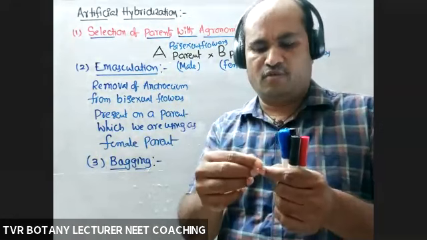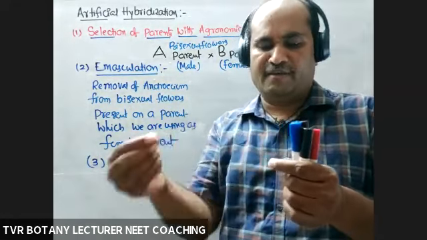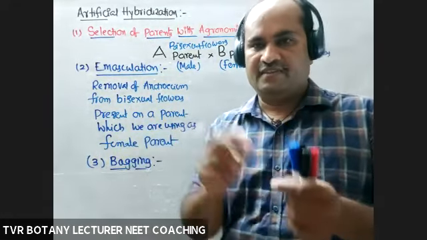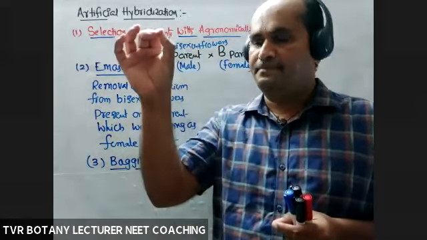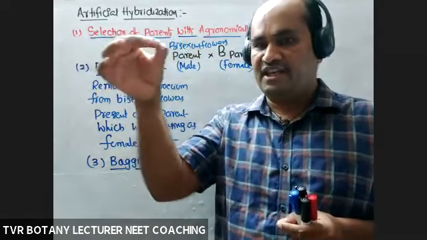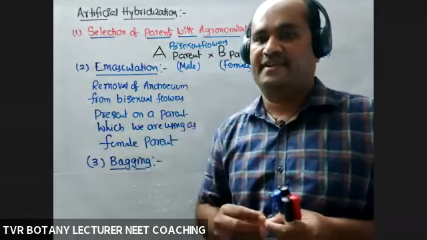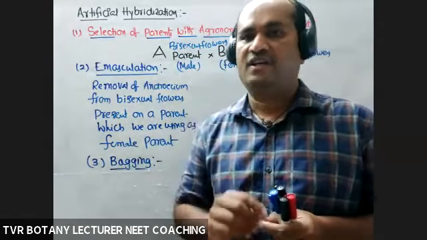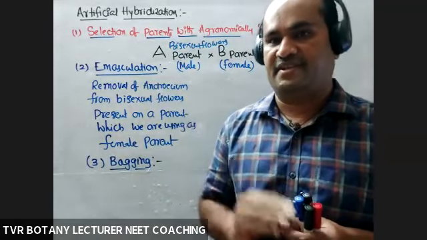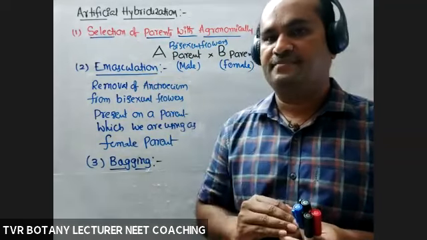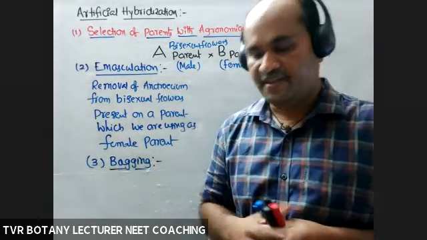With the help of that, open the corolla and remove stamens. If the flower is very small, dip that flower in hot water treatment. In that hot water treatment, gynoecium is able to withstand high temperature. But what about androecium? Killed. Okay, is that clear?